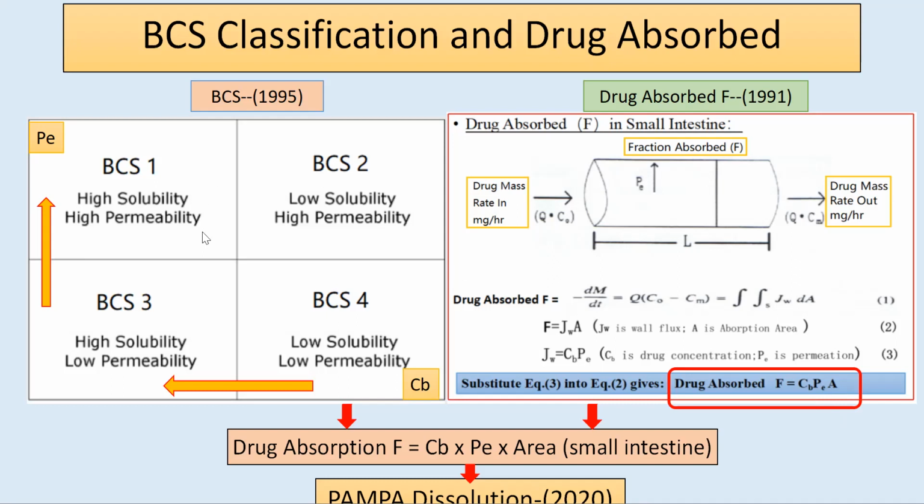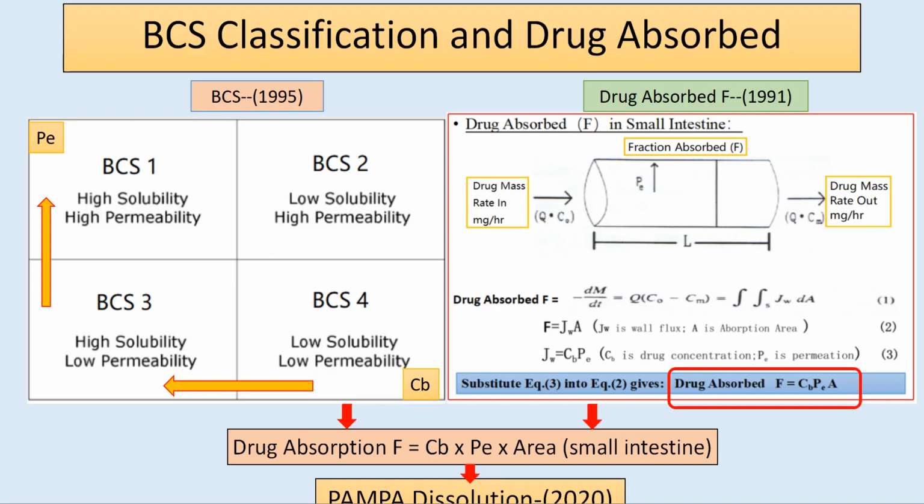Interestingly, if you compare with the 1995 BCS classification, you can see there are 2 parameters, one is PE, one is CB, and that happened to be included in the equation here in the oral drug absorption, which is CB times PE times A. By tradition, these CB and PE were measured separately if you develop a new drug.